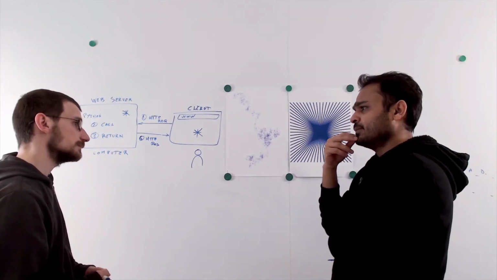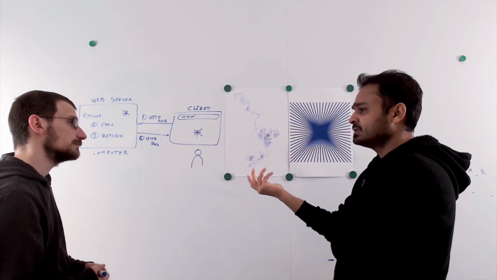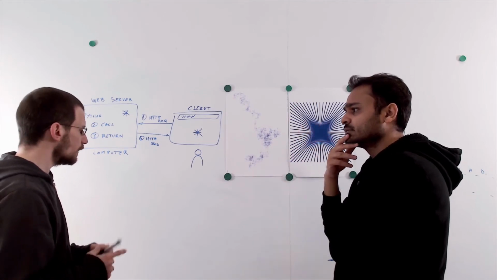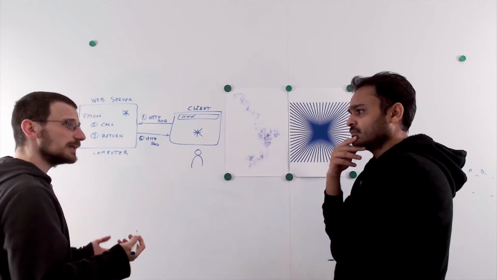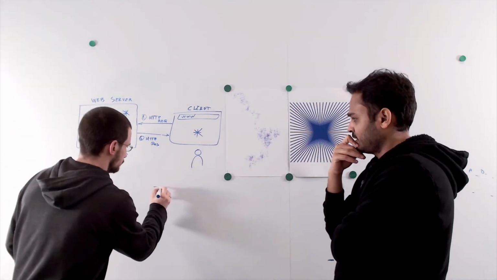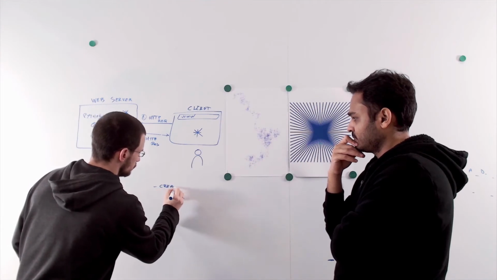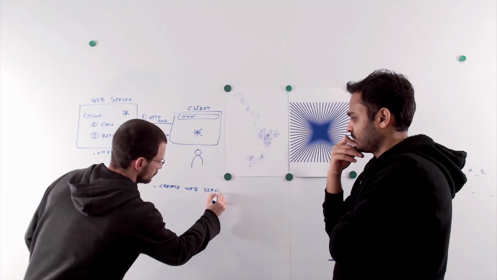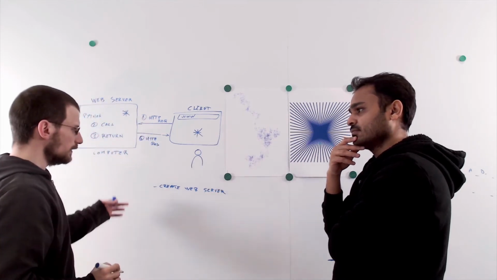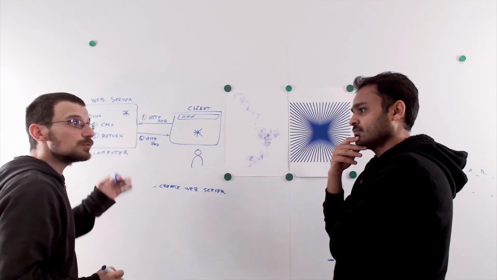But how do you implement this in the Python code? Right. So first, we talked about web server. We need to create a web server. Then we need to start this web server.